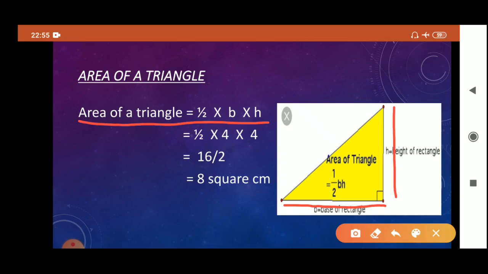Now, suppose B is given 4 centimeter and H is also given 4 centimeter. So, 1/2 multiplied by 4 multiplied by 4. Now, 4 fours are 16. Divide by 2. Let us divide 16 by 2. So, we will get the answer 8 square centimeter. That is the area of a triangle.